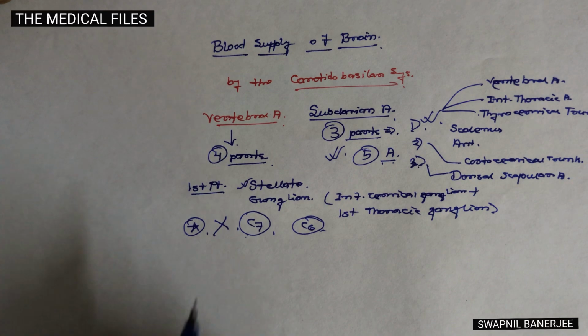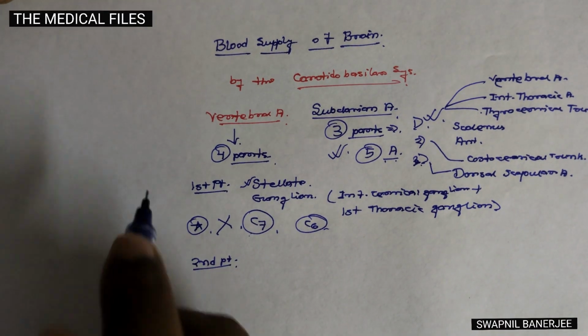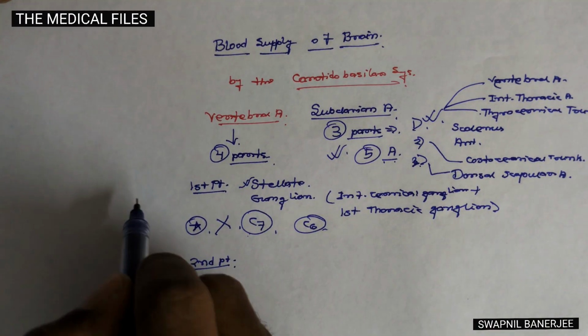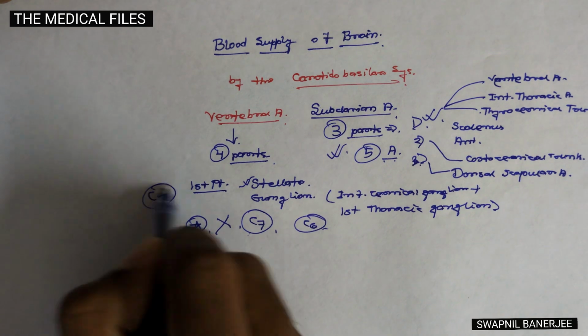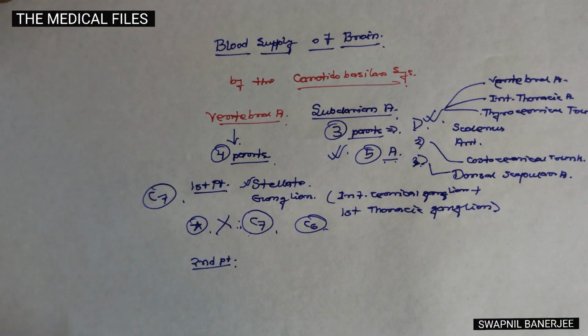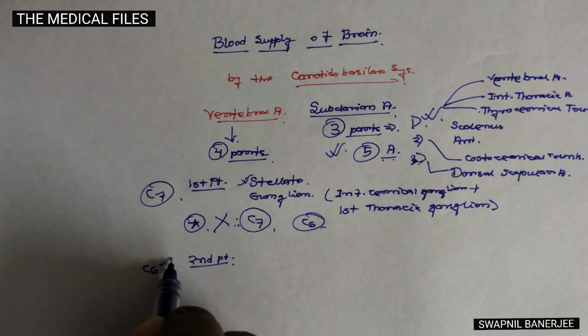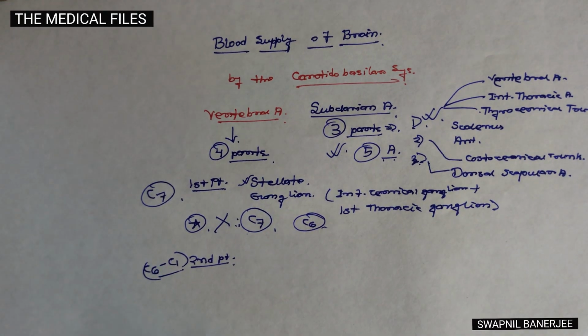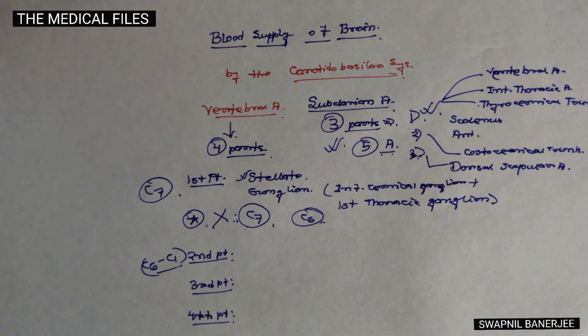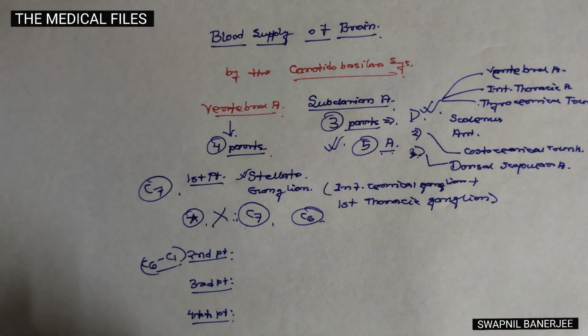Now coming to the second part. In the first part I forgot one thing, that you have to remember the landmarks. The first part is at the level of C7, as we already discussed. The second part is from C6 to C1. The landmark of the third part is the suboccipital triangle.